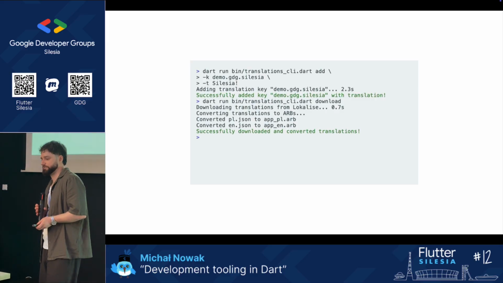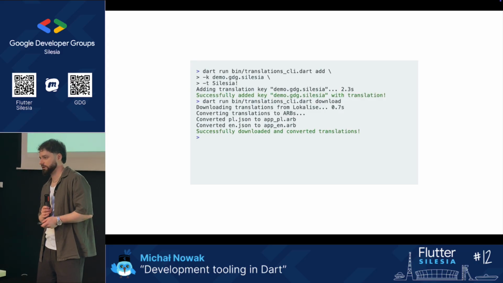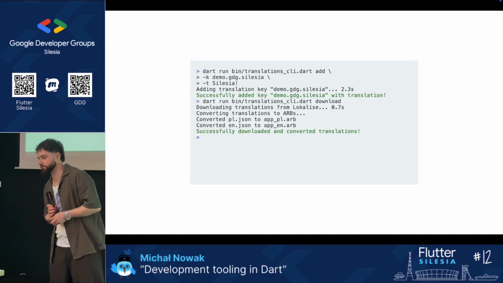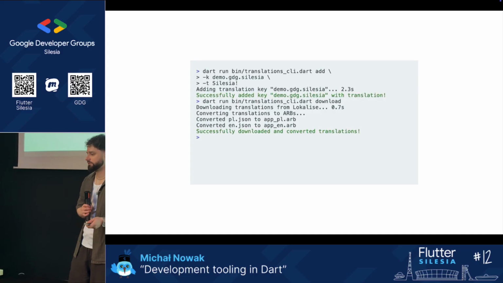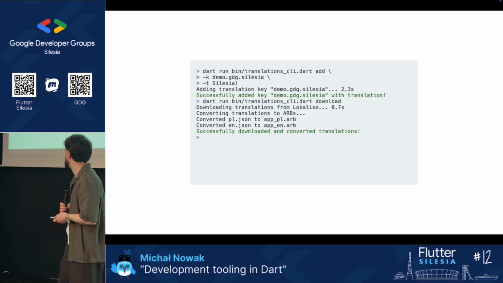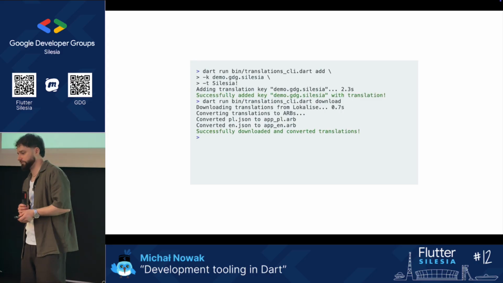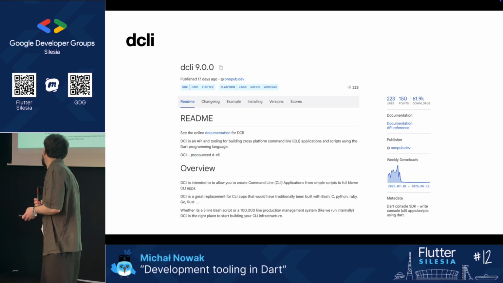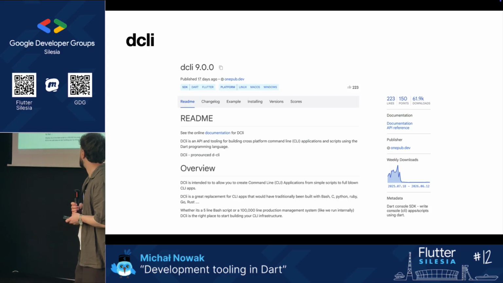So this was a bit of basic stuff, but there is actually a cool package that you can use to do that even more effectively. If you want to, or if you don't want to, you can just stick to plain Dart. But the package is called Mason Prompt.